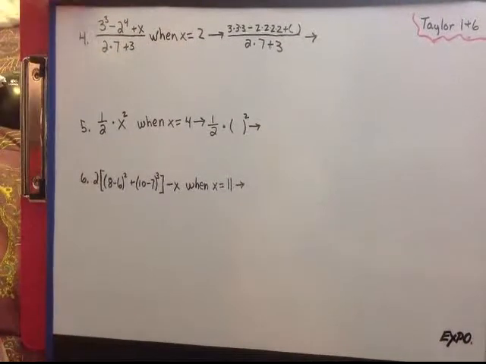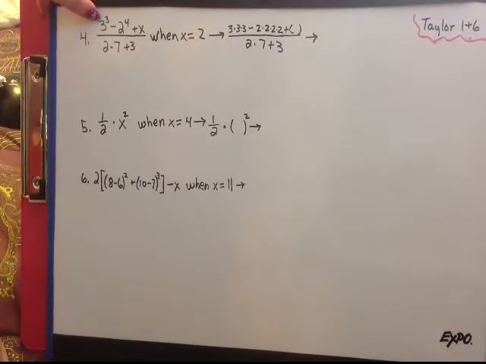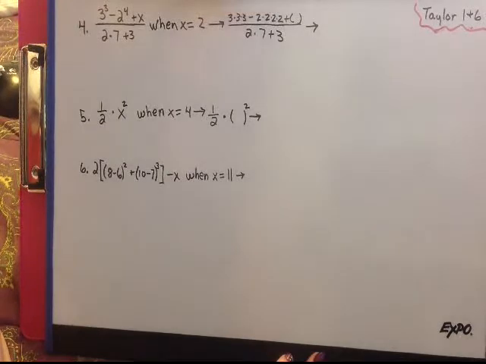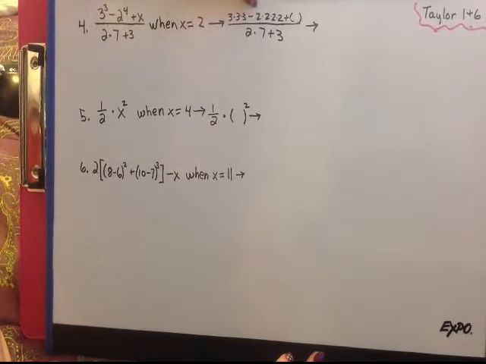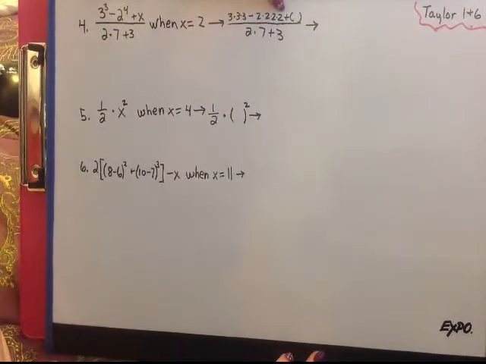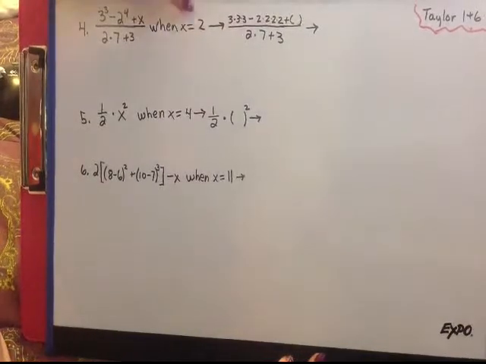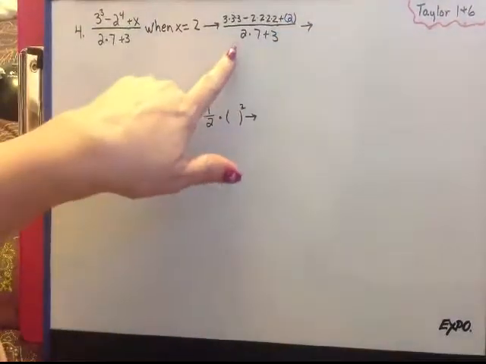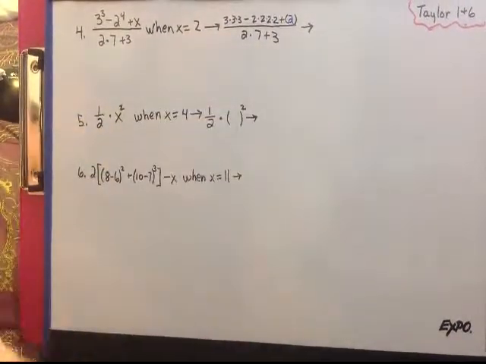So the first thing that I did was I rewrote our exponents in expanded form. 3 times 3 times 3 minus 2 times 2 times 2 times 2 plus x, and x is 2 divided by 2 times 7 plus 3.